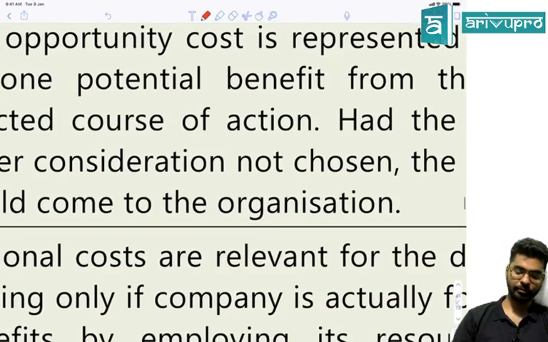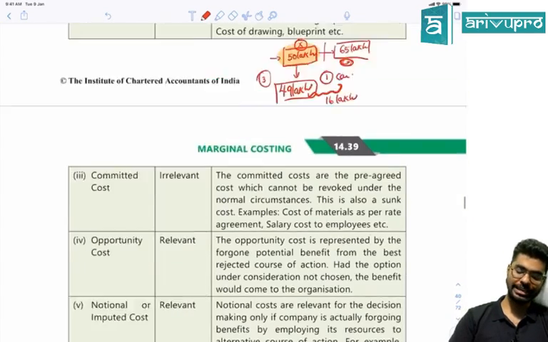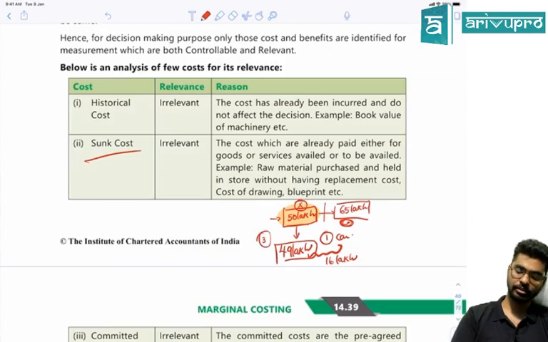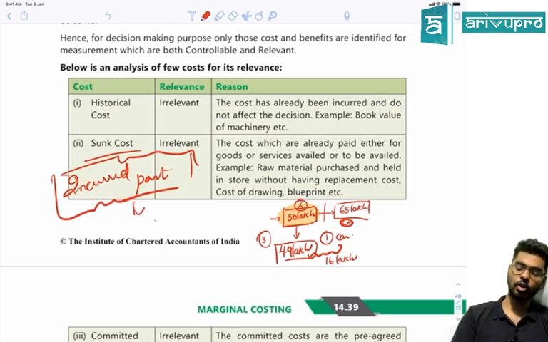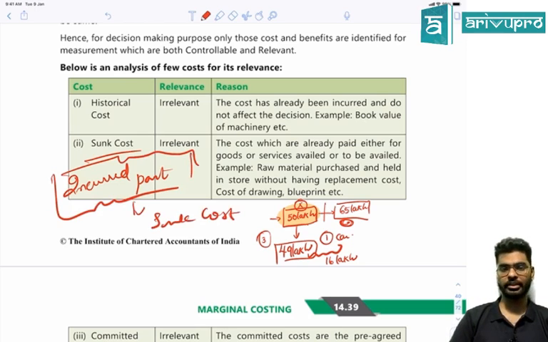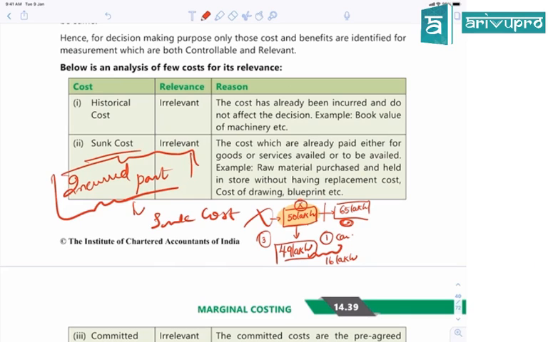Second part, any cost which is incurred in the past is known as sunk cost. Sunk costs are irrelevant for decision making. Any cost incurred in the past is not relevant for what? Decision making. Are you clear?